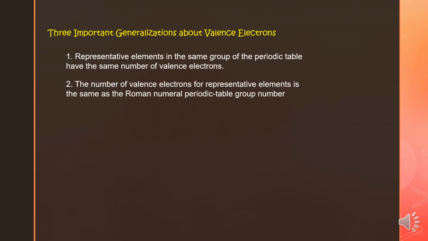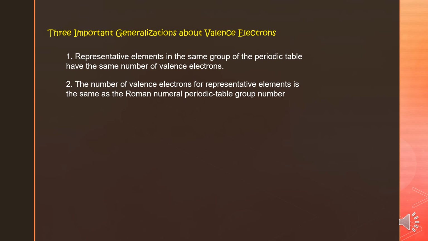Next is that the number of valence electrons for representative elements is the same as the Roman numeral periodic table group number. An example for this would be the Lewis symbols for oxygen and sulfur.